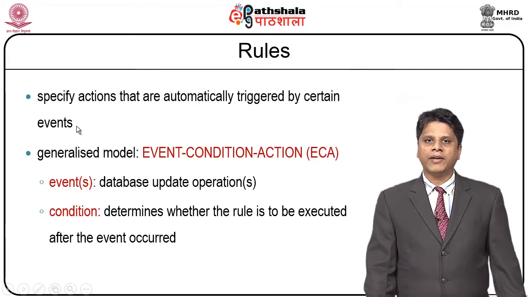So, an event occurs and we check for a condition. If the condition also holds, then an action needs to be performed. So, we may have to specify actions, and these actions are automatically triggered based on certain events. That is the format of the rule that we provide as part of active databases.